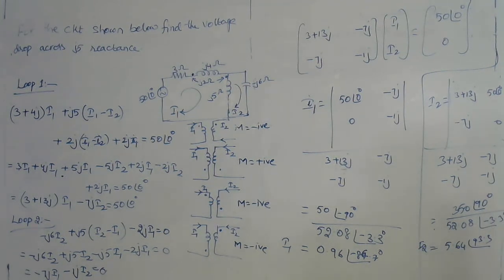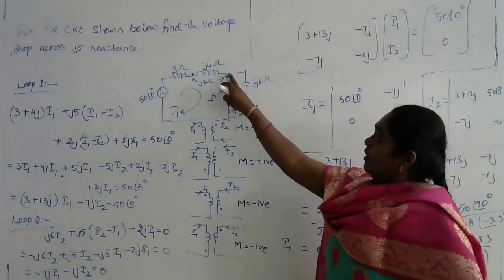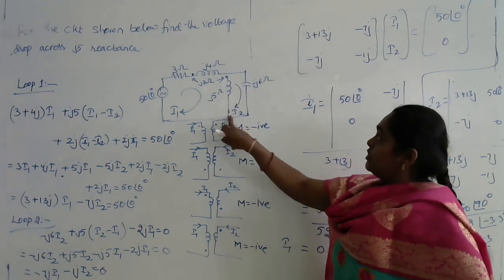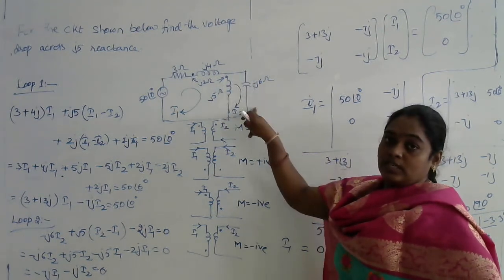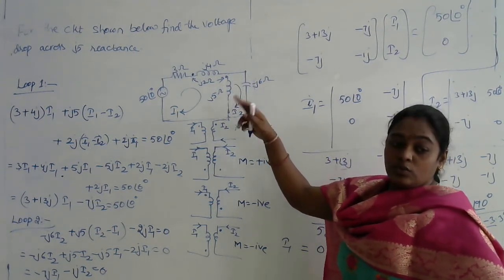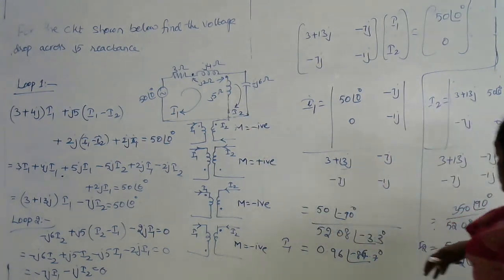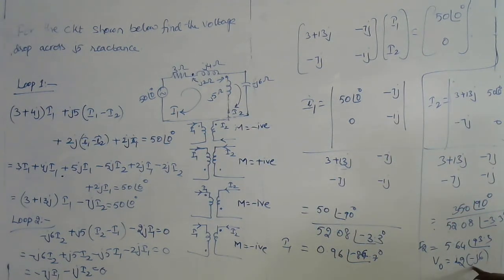But we need to find out the voltage drop across J5. So voltage drop across J5, V0, is equivalent to I2 into minus J6, because whatever voltage is present at the J5 will be the same at the J6. So instead of making use of I1 minus I2 into J5, I am writing it as I2 into minus J6.